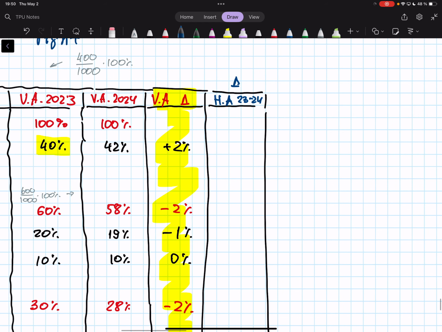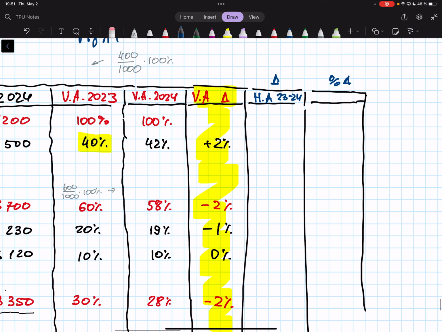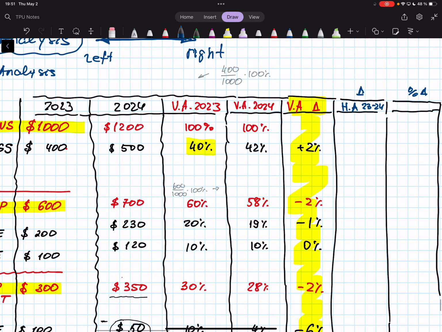I'll simplify this. I'll use the delta. This will be the delta column. And the next one, I'll add extra so that it will be more understandable. We will call it percentage delta, okay? So let's see. The change is plus 200, right?